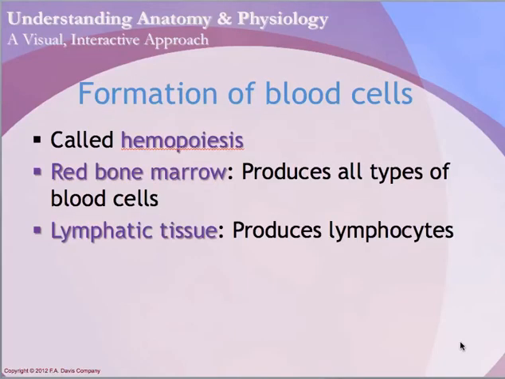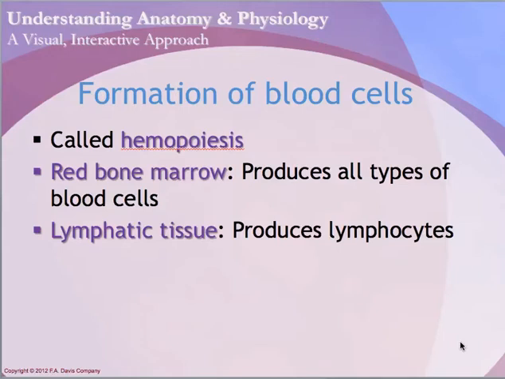So let's talk about the formation of blood cells, which is also called hemopoiesis. Red bone marrow is found in the ends of long bones and in flat, irregular bones, such as the sternum, cranial bones, vertebrae, and pelvis, which we did learn about before. And lymphatic tissue is found in the spleen, lymph nodes, and the thymus gland, which we just talked about last chapter.